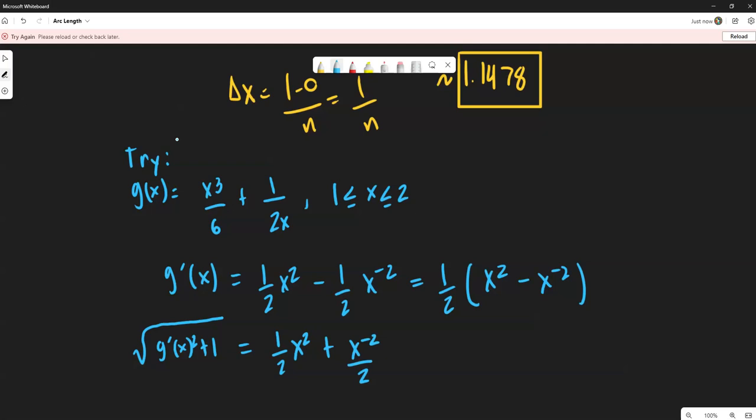Okay, so in any case, go ahead and check that out and see if you can find the arc length of this curve from 1 to 2.